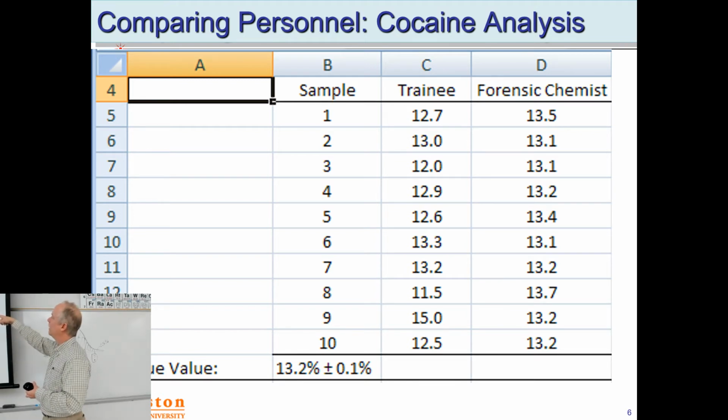And over here we have 13.7 and 13.1. So 0.6 is the range for the forensic chemist, and it was 3.5 for the trainee, quite a bit different. 3.5% range for the trainee and 0.6 for the forensic chemist.